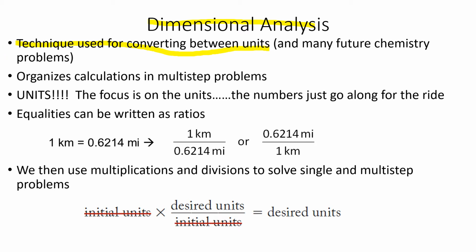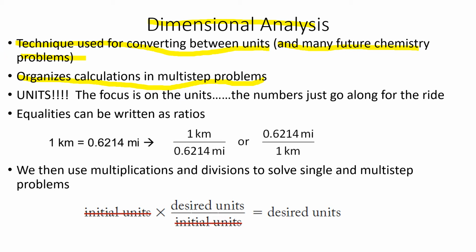Not only are we going to do it with basic unit conversions here, we're going to see in future chapters how we can use this for more chemistry-specific problems. Dimensional analysis is a great technique because it organizes calculations in multi-step problems. It clearly lets you see where you started, where you're currently at, and what you still need to do. It also shows you exactly what mathematical operation has to happen.